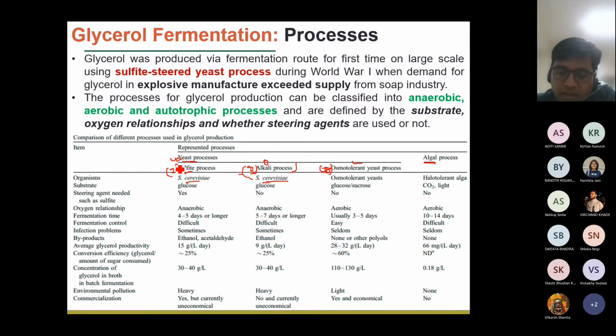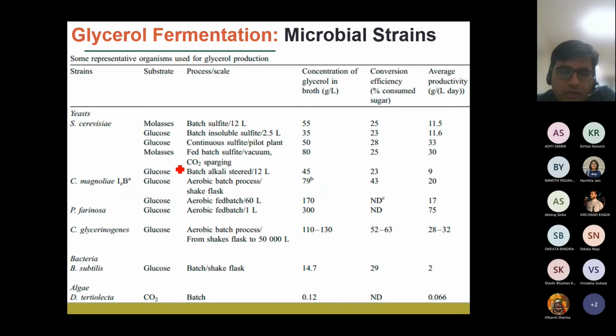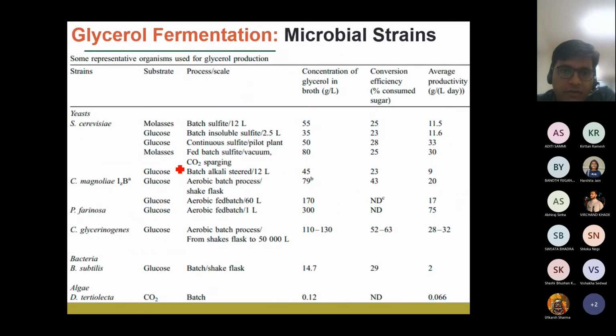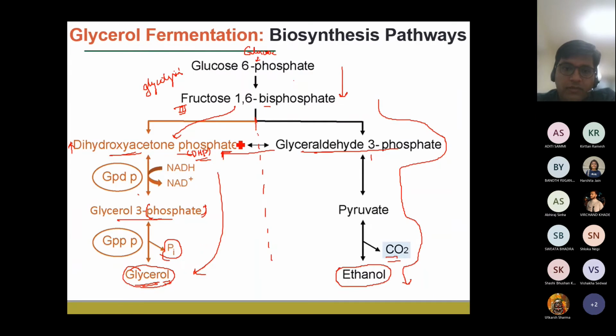We will end our class here today, because I have a meeting to attend. Let us discuss in the next class how the presence of bisulfite or sulfide ions, or the alkali, affects the overall pathway.